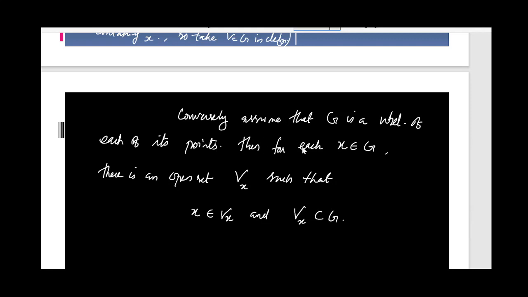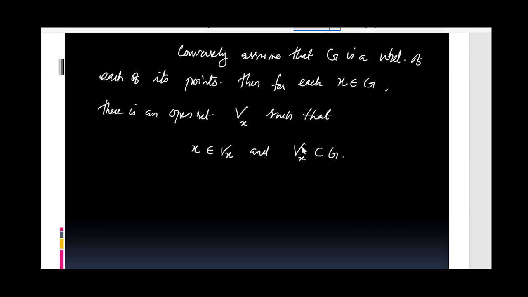Now, suppose I am collecting such Vx, what should happen? That means, suppose I am collecting the union of Vx such that x belongs to G. So I will get a collection of open sets, right? Now this union is going to be open. Now what is this?